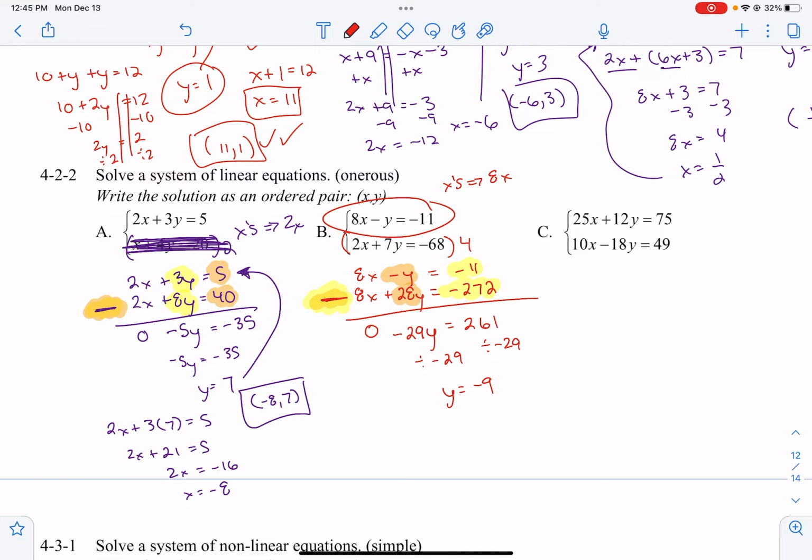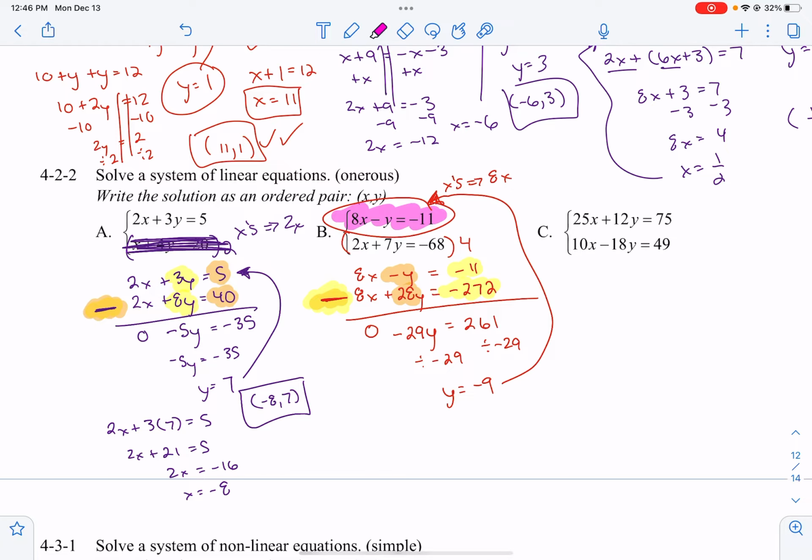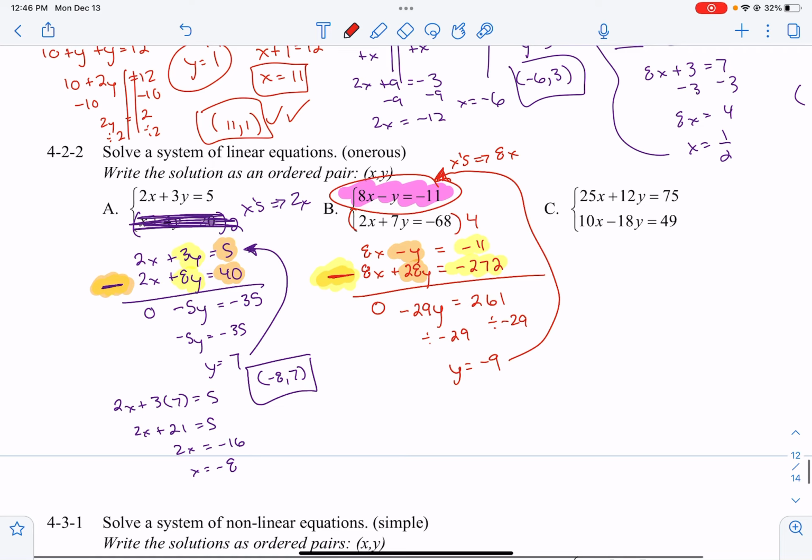Now that I know what y is, let's plug it into this first equation. We're going to plug it into this equation right here. All right, so 8x minus a negative 9 equals negative 11. So 8x plus 9 equals negative 11. So 8x equals negative 20.